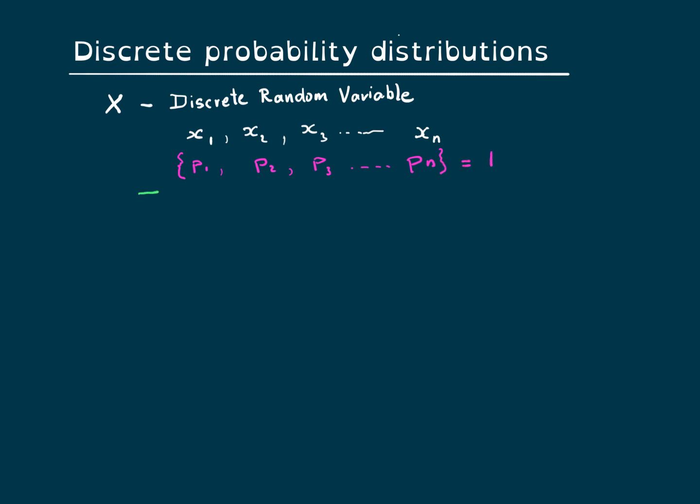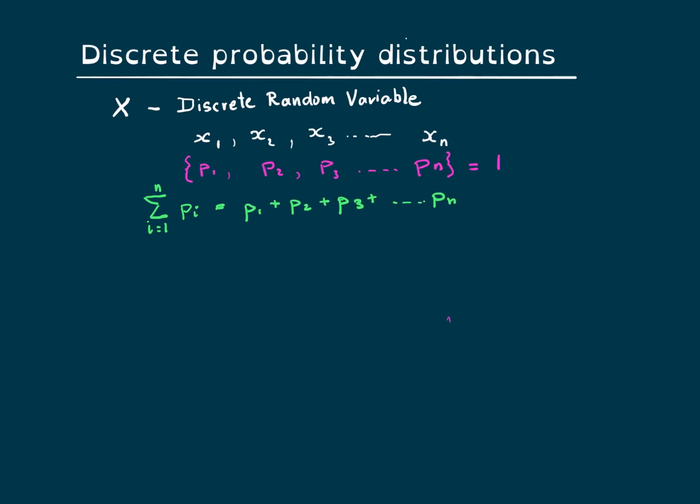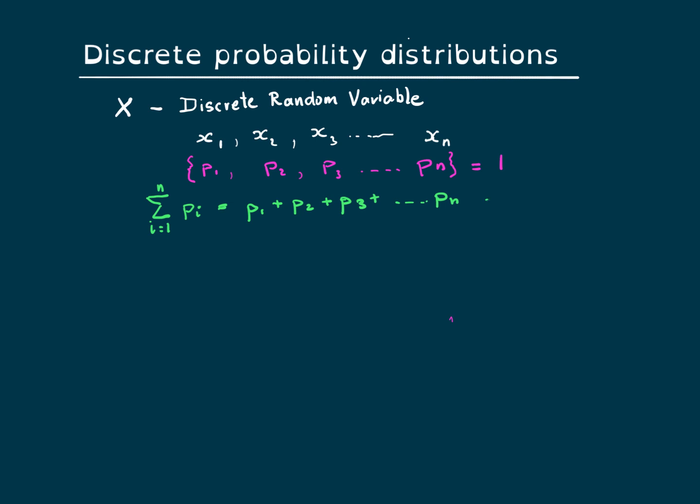Mathematically, we'll write this as the sum of the probabilities from where we start with 1 and go all the way up to n, and that should be probability 1 plus probability 2 plus probability 3 all the way up to probability n, and that should equal 1.